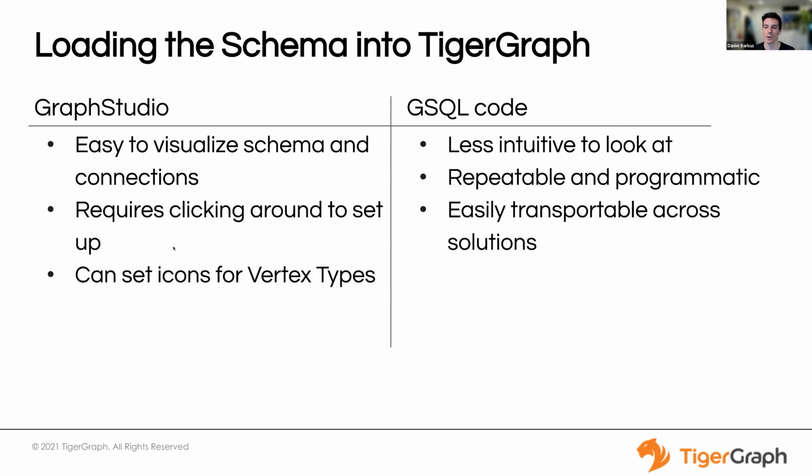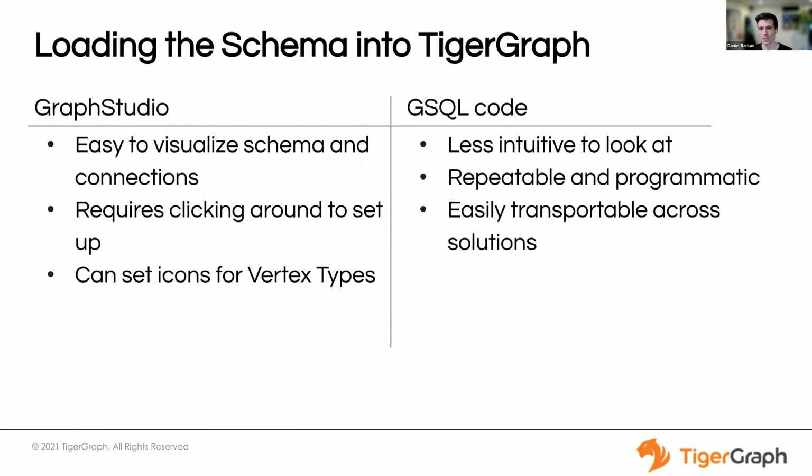Like I said, personally, when I am first setting up a graph, I do everything in Graph Studio. It's just easier for me to visually see things as they're being connected, to be able to link things together. And in addition, anything that you do in Graph Studio, there's a nice little export button that will export all of that as GSQL for you. So there's no real limitation to doing it in Graph Studio as far as it not being redeployable.